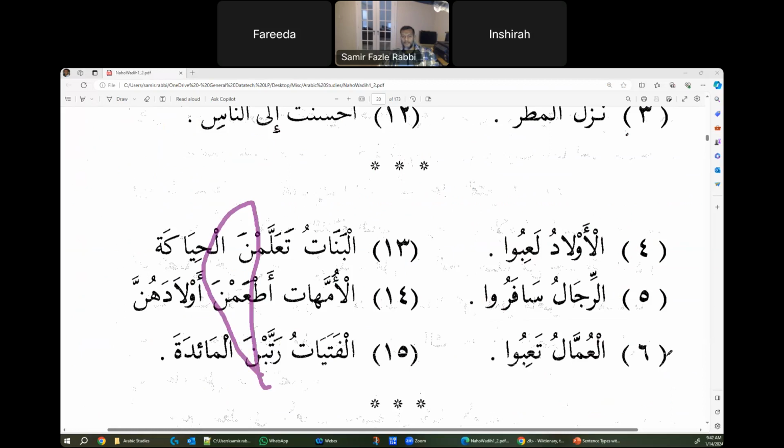At first, I was going to say the sukun, but then I guess you circled the fatha. It is built on the sukun.